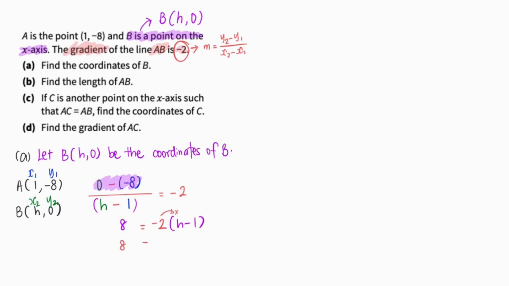I have my 8 equals to negative 2h, positive 2 here, and thereafter eventually I will get my value of h. Pretty soon I'm going to add 2h on both sides and minus 8 on both sides. So slowly but surely, let me just create some space here.